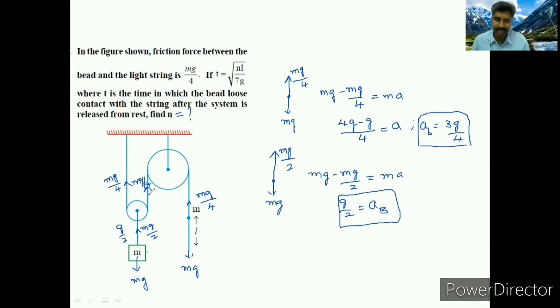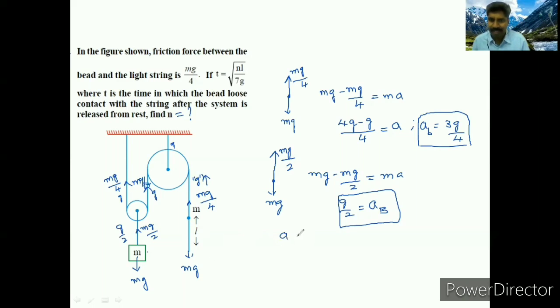Downward g by 2 means this is a g value we can get. Here also g value we can get. Now this is also g. So this string is moving with a g value in the upward direction, with gravity g value.